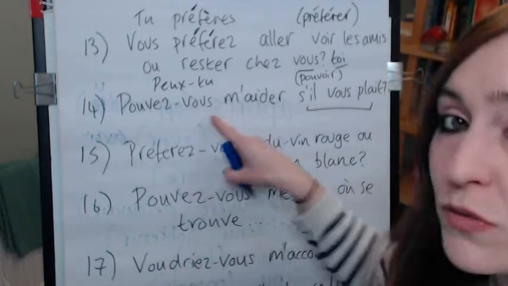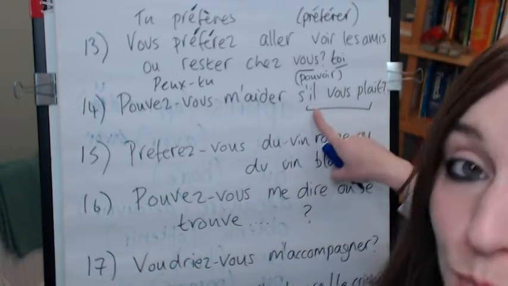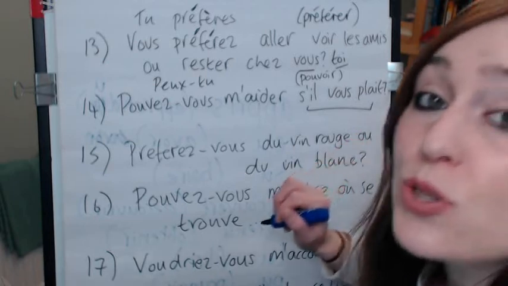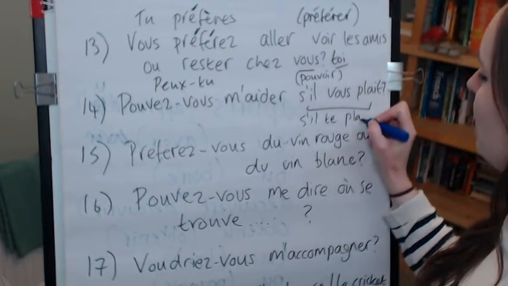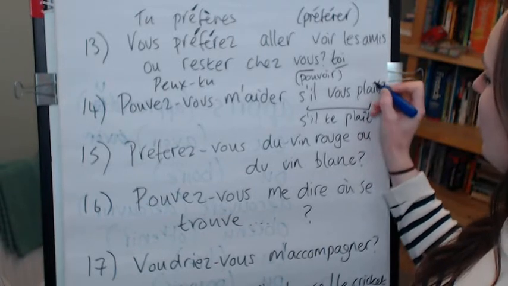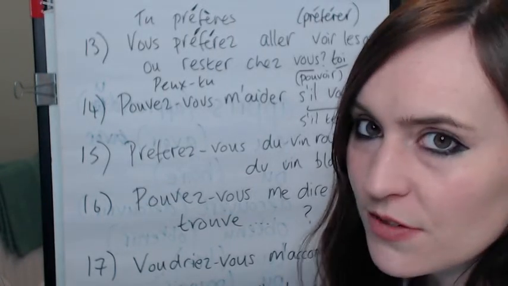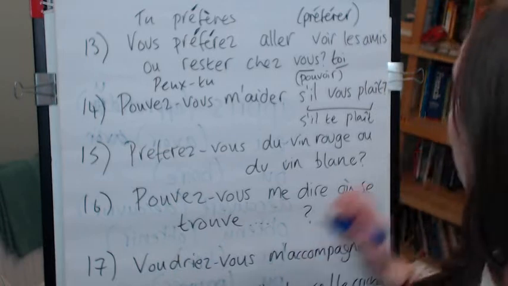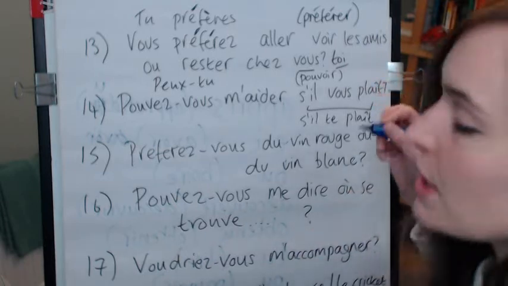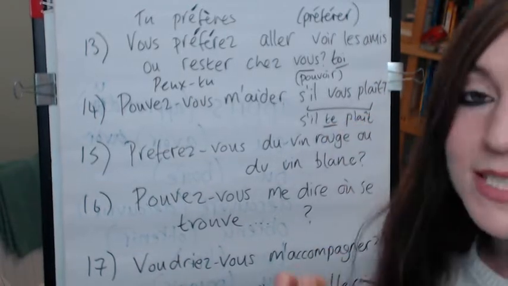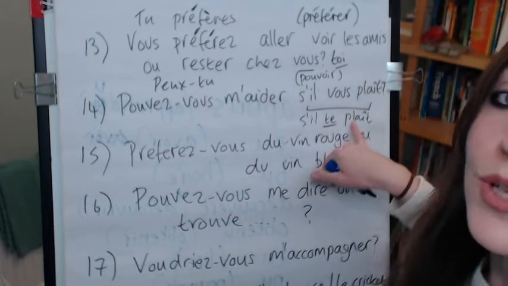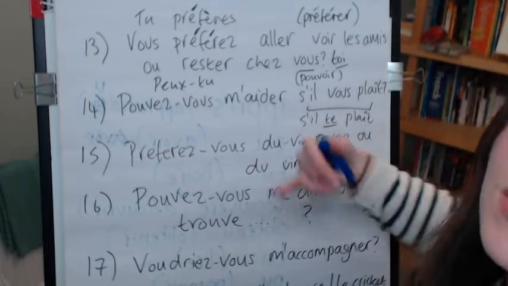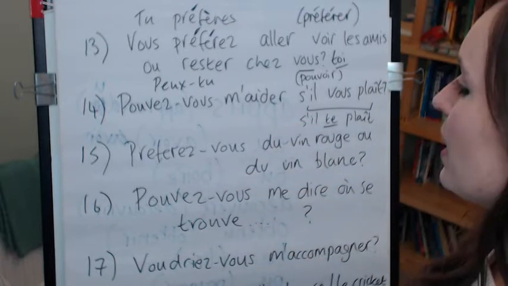S'il vous plaît changes to s'il te plaît. You might see a little circumflex over the I in s'il te plaît, but you obviously won't hear that. S'il te plaît means if it pleases you. S'il vous plaît means if it pleases you in the vous form.